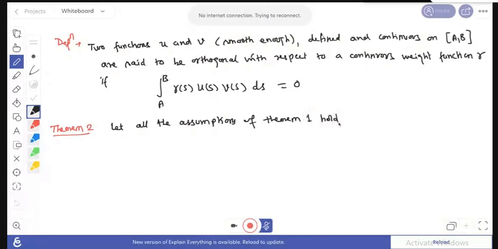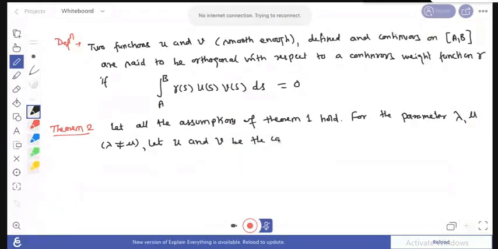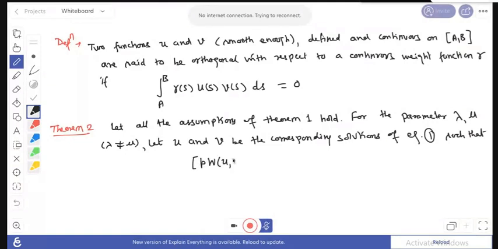If theorem first holds, then for two parameters, lambda and mu, which are not equal, two distinct parameters, suppose u and v are the corresponding solutions of your equation first. Then this condition holds: P times the Wronskian of u and v, evaluated from a to b, equals 0.